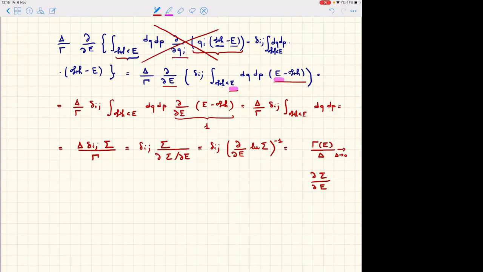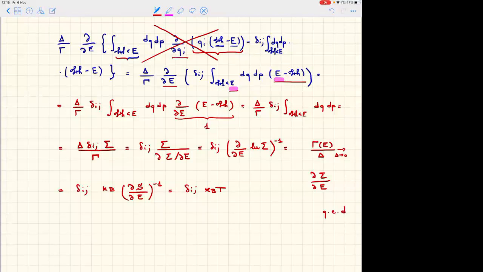Which is equal to delta ij times k Boltzmann times the derivative of the Boltzmann entropy with respect to the energy, to the power -1. And this is by definition delta ij k Boltzmann times T. QED.